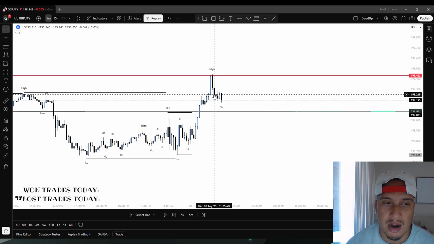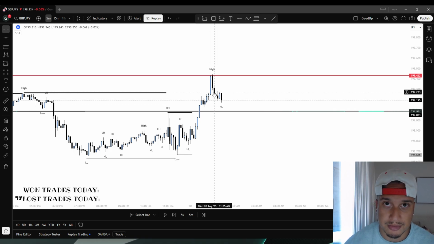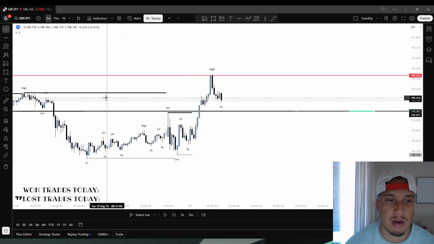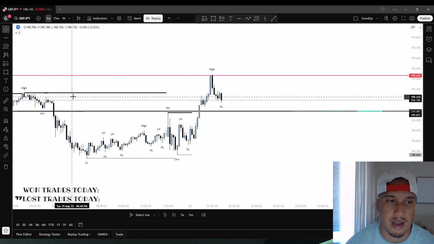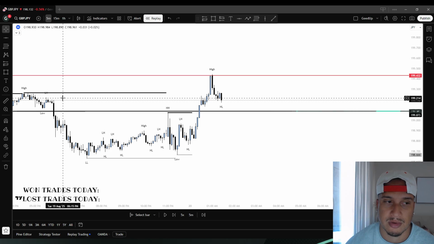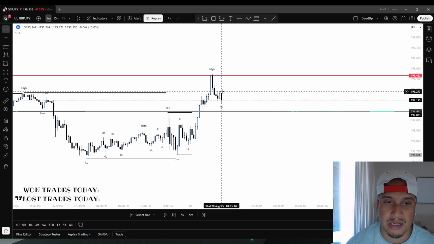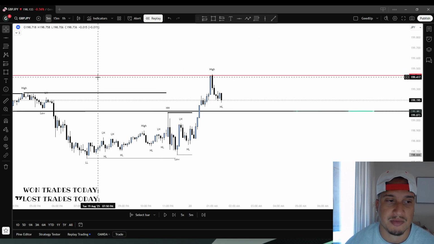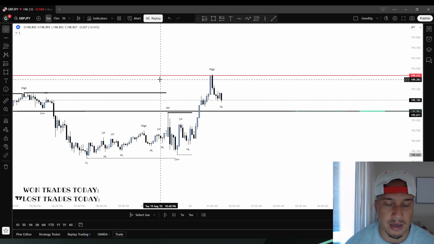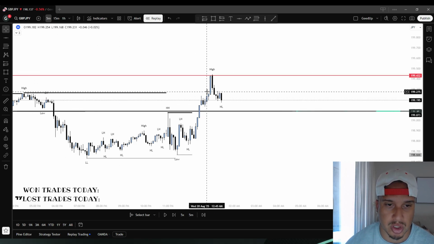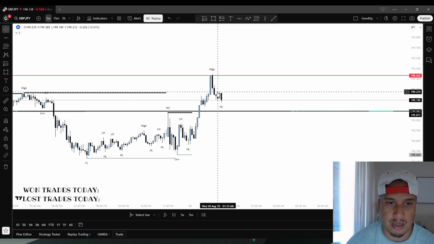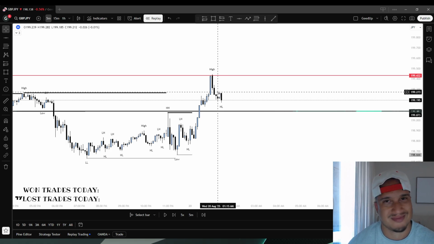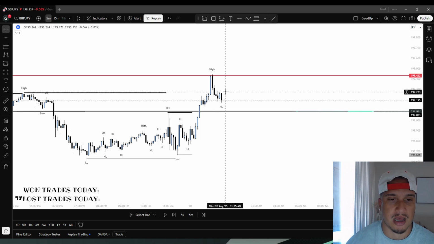If you create a higher low, one, you want to create a higher low above a previous lower high resistance level. So this higher low, for it to be worthy of me getting in a trade, it would have to be above this area, which if you just put your cursor right there, you see it's not. So I'm not interested in that.